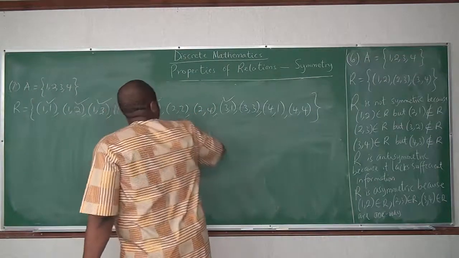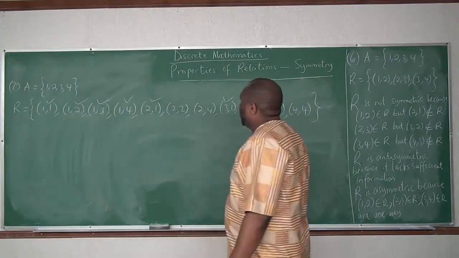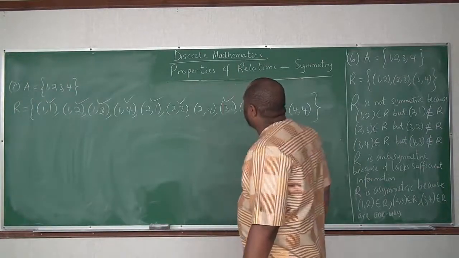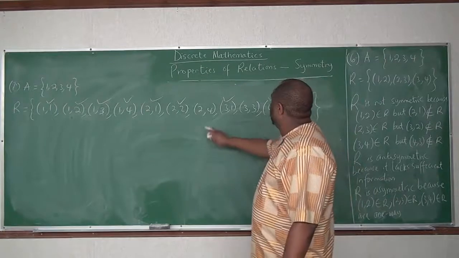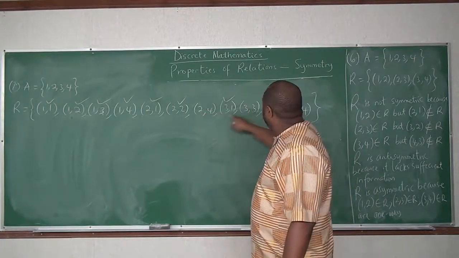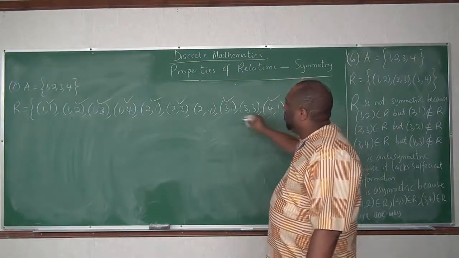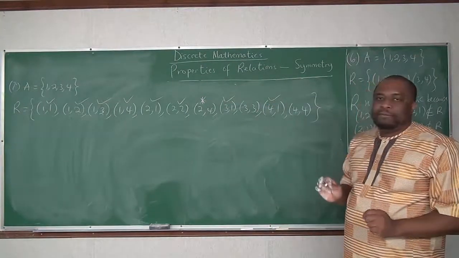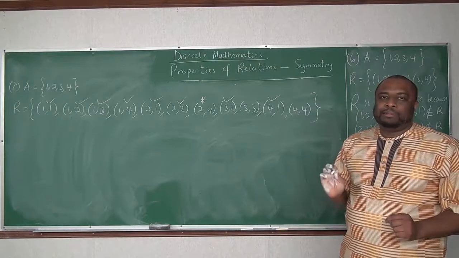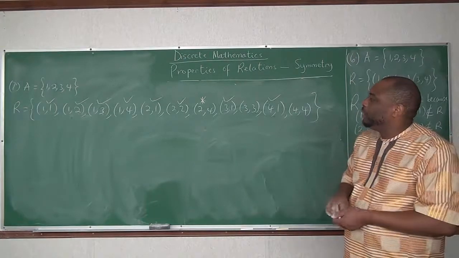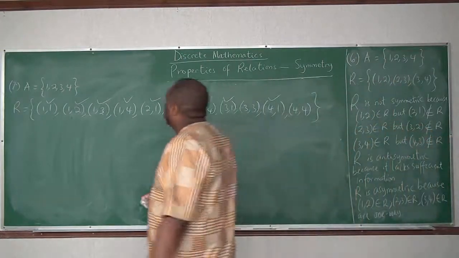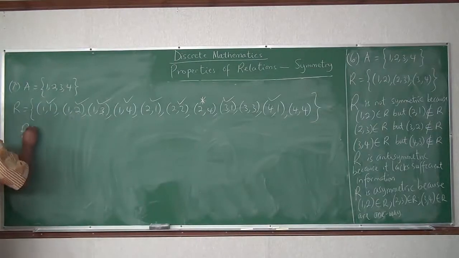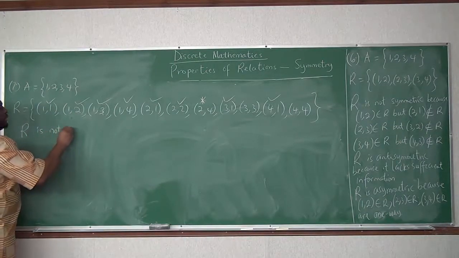For 1, 4, we have 4, 1. For 2, 2, no problem. For 2, 4, we don't have 4, 2. That's the problem. So the relation is not symmetric.